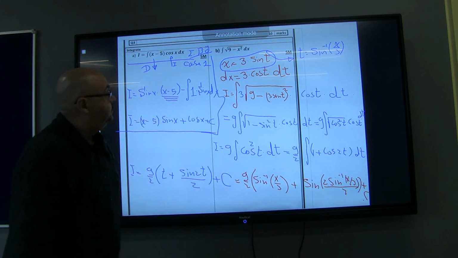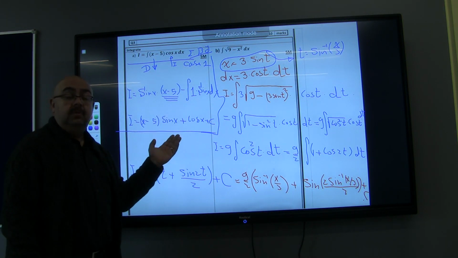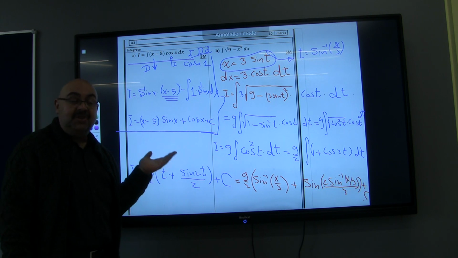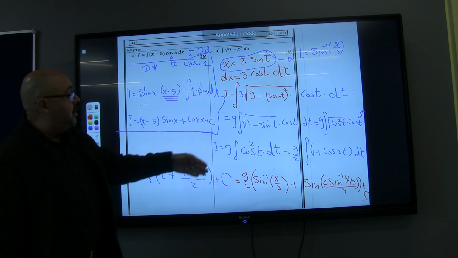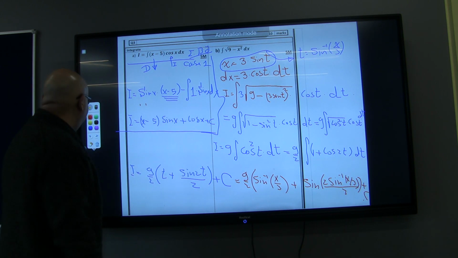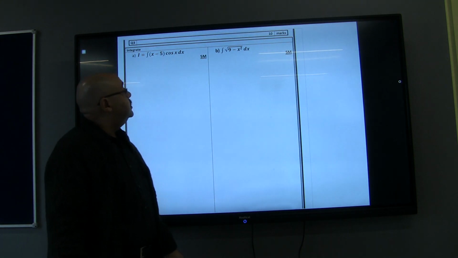These are also two of the famous ideas of integration, either integration by parts or integration by substitution, as you can see from this problem.